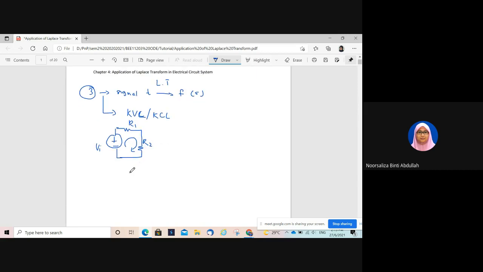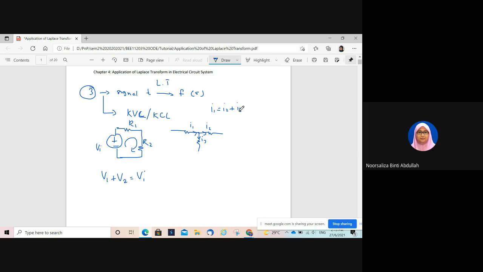So KVL is the total voltage inside here is V1 plus V2 equals V in. Right, this is KVL. And KCL is, you have here I1, this one is I2, this one is I3. Therefore I1 equals I2 plus I3.